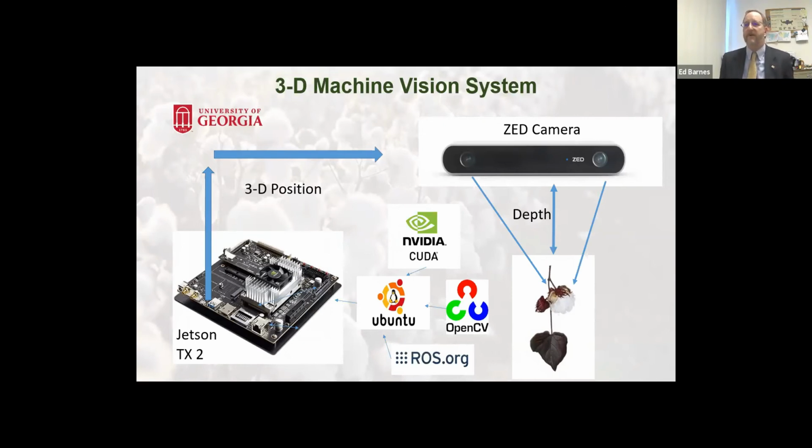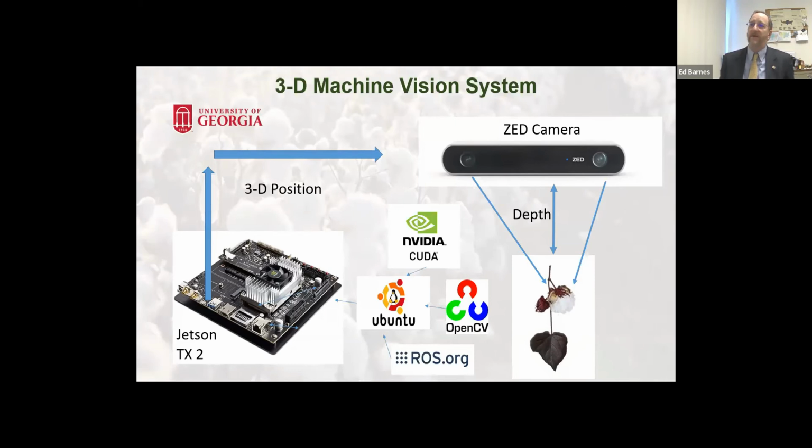OpenCV stands for Open Computer Vision. So these are open source software tools, so that reduces the cost and greatly increases the ability to collaborate on these projects. The Jetson 2 is the kind of the computer brains behind this, and they were able to get enough horsepower to do the image processing for real-time control of a machine vision system for under $500.